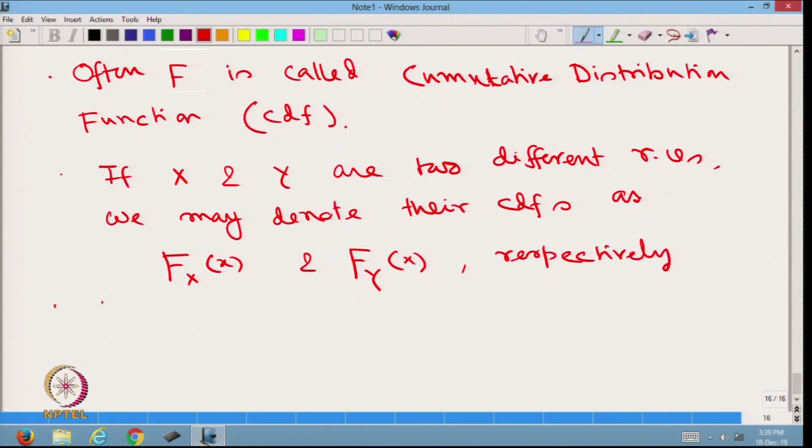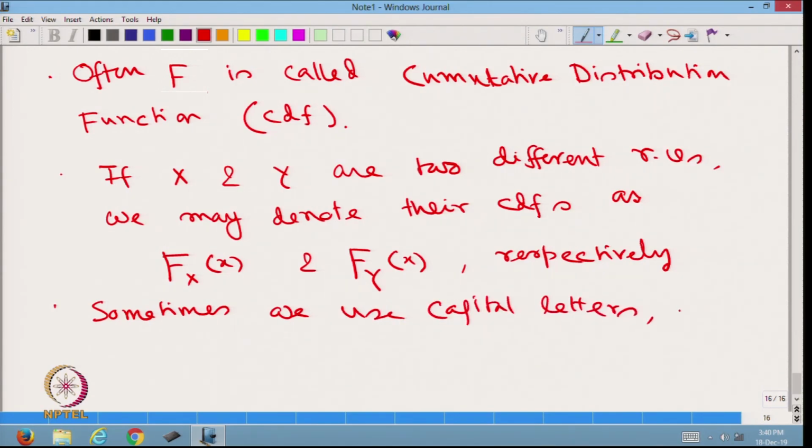Or sometimes we use capital letters such as F, G to denote CDF. Okay?